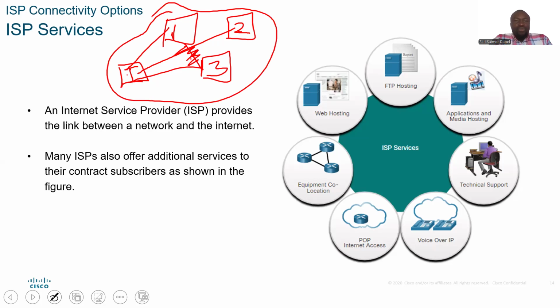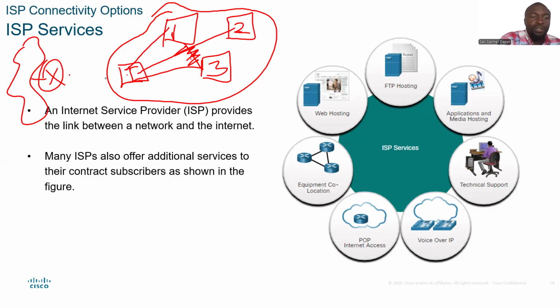And now you want to start accessing resources that are outside your local network. You want to access resources that are out in a bigger internet, a bigger network around the globe. You need what they call a service provider, an internet service provider that will link you to the cloud.